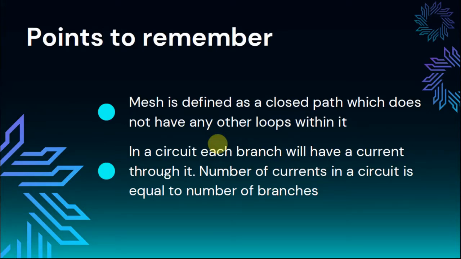First we have to define what a mesh is. A mesh is defined as a closed path which does not have any other loops within it. Normally in any circuit each branch will have a separate current value, so the number of different currents in a circuit is equal to the number of branches.